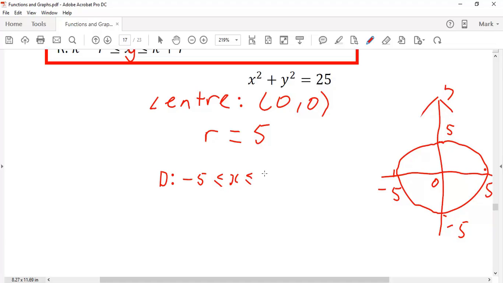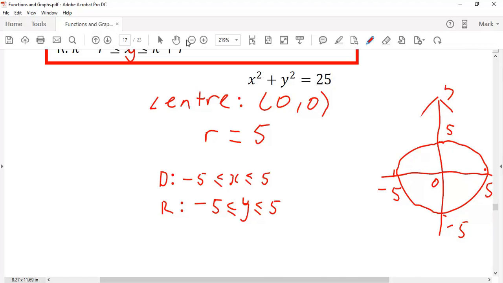And we see the y values is pretty much the same thing. So -5 less than or equal to y less than or equal to 5.